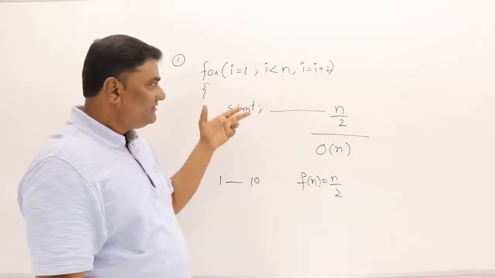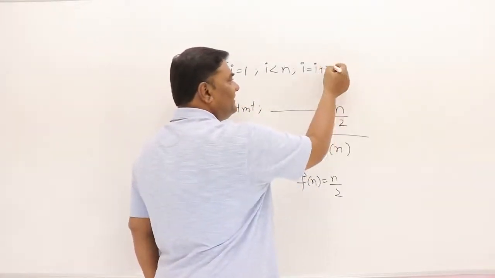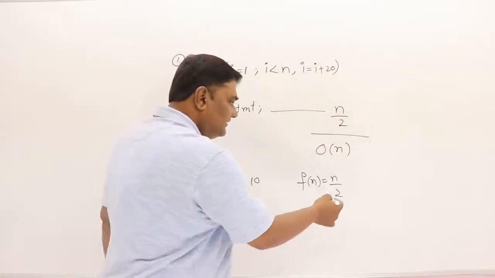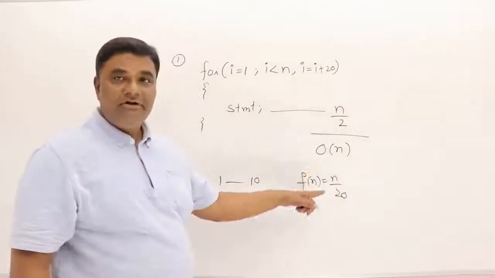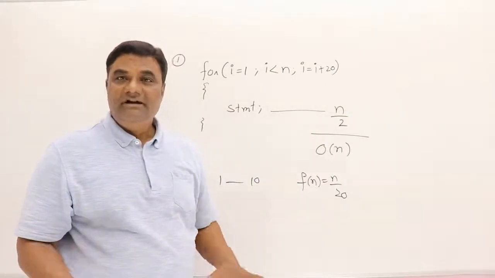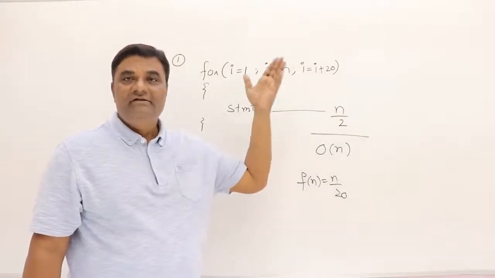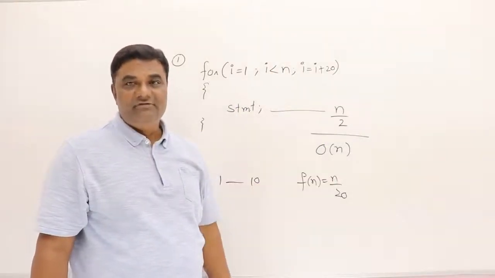Even if it is incrementing by 20, the degree of the polynomial is n, so this is also order of n. So whatever the number of times it is incrementing, the time will be the same order of n.